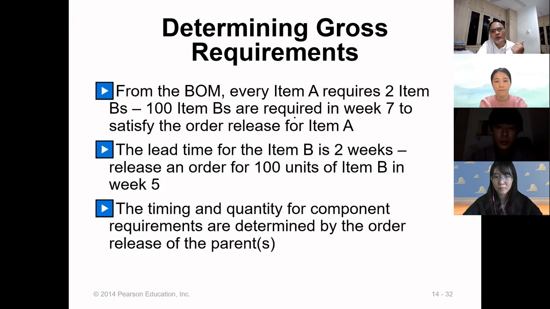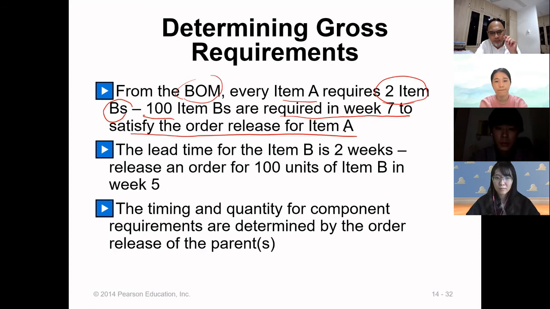We can move on to all the items. From the bill of material, every item A requires 2 items of B, so we need 100 items, as you already calculated. Item Bs are required in week 7 to satisfy the order release for item A. Now we look at B and its lead time, then calculate the release order, which is backwards 2 weeks, so week 5.